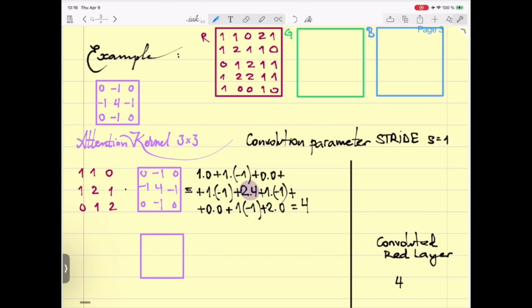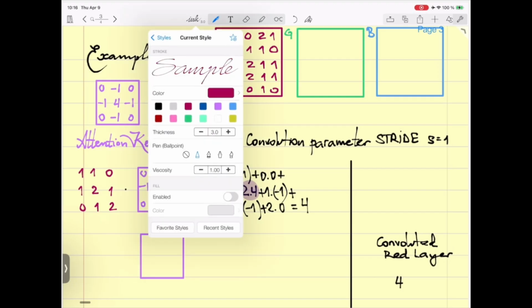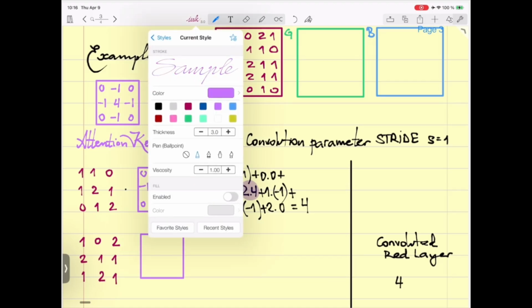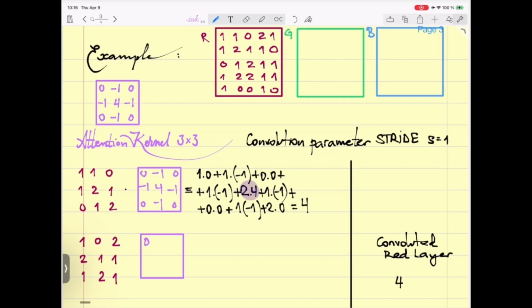Because we have a stride of 1, we move it 1 pixel. 1, 0, 2, 2, 1, 1, 1, 2, 1, and then same filter. This doesn't change. It's the same for the whole thing.